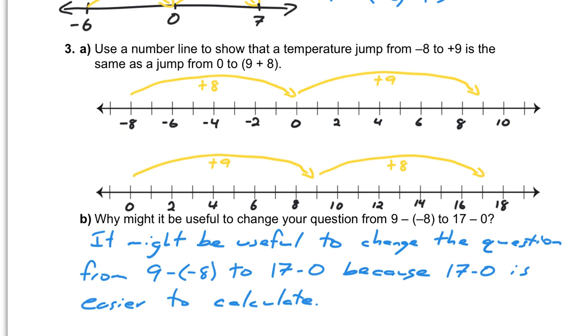How far is it from -8 to 9? Well, it's 17, right? It's the same thing as 0 to 17 because you have the same thing here. 0 to 9 is the same thing here, 0 to 9. Then you're just adding the 8 on the other side of the 0 over here. So in a way, 9 minus -8 is the same as 9 plus 8.